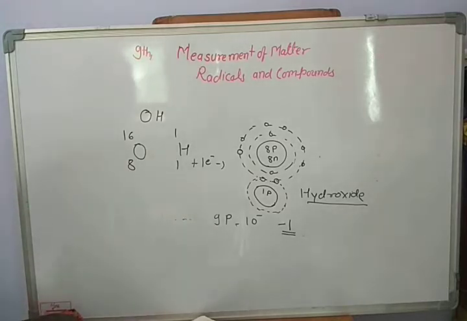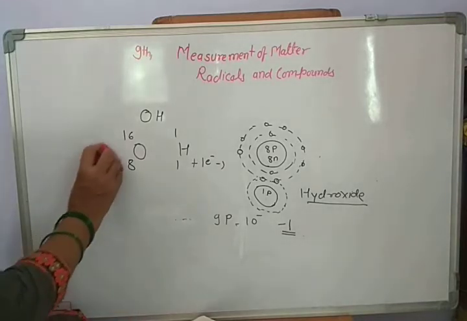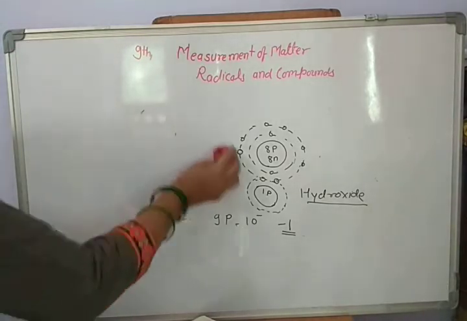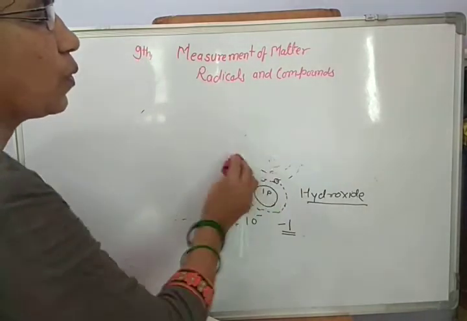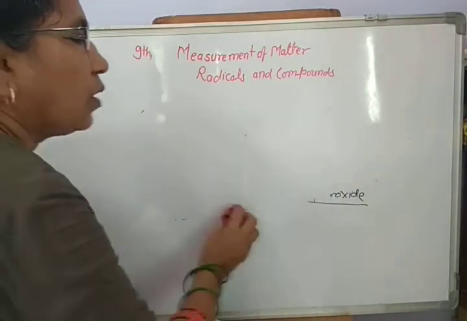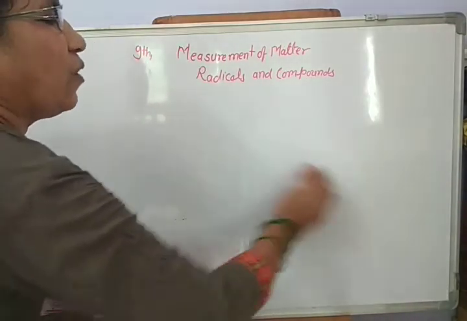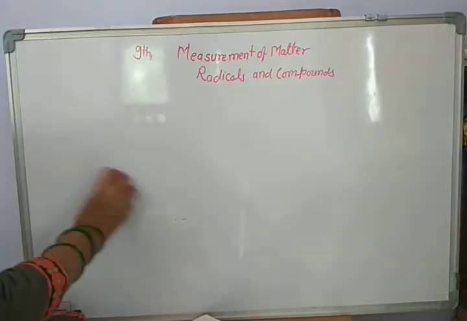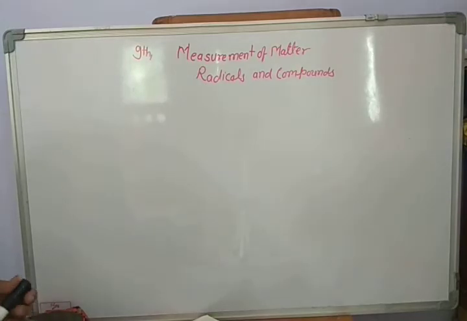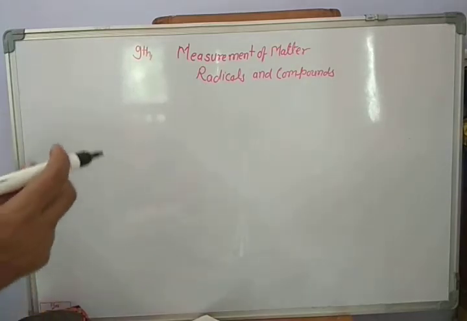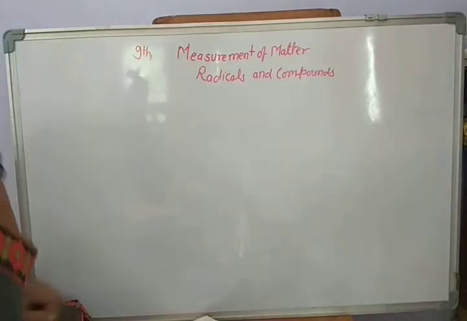After that, extended octet, that is more than 8 electrons, is also one of the concepts. So I will explain one more radical in which extended octet is there, and why extended octet can occur there. I will explain that to you. Okay.